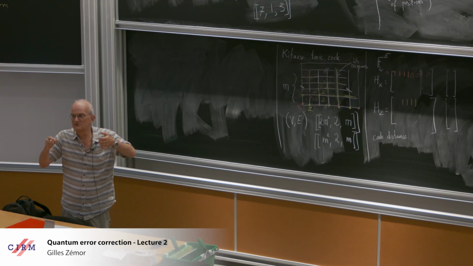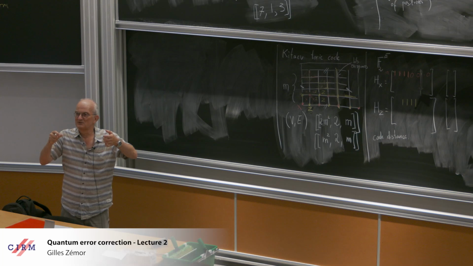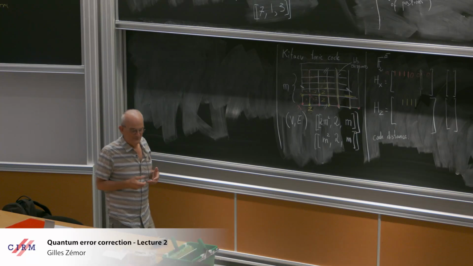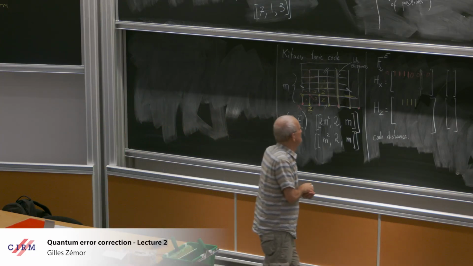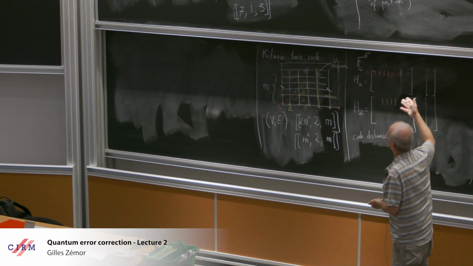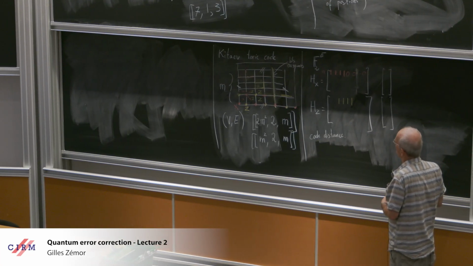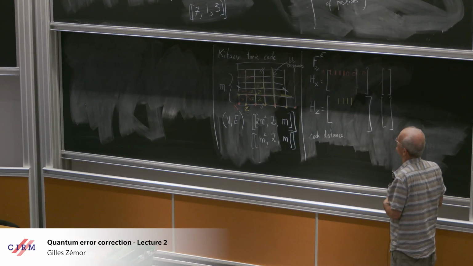But we want to do this quickly, so figuring out what is the error pattern from its syndrome, in other words, decoding, and the decoding problem is close to a classical decoding problem. We want to find ways to execute this really, really quickly.